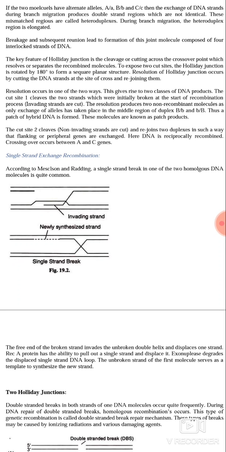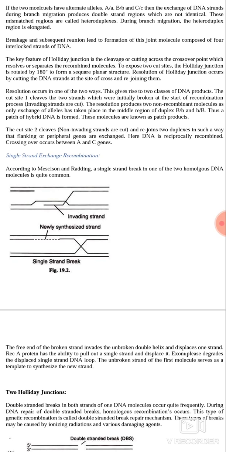Resolution of the Holliday junction occurs by cutting the DNA strands at the site of the cross and rejoining them. Resolution occurs in one of two ways. This gives rise to two classes of DNA products.